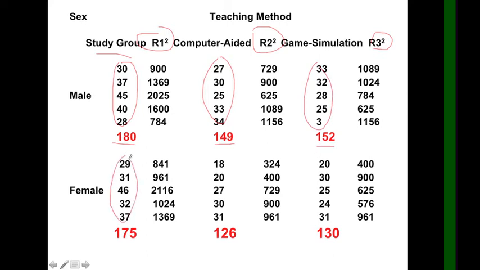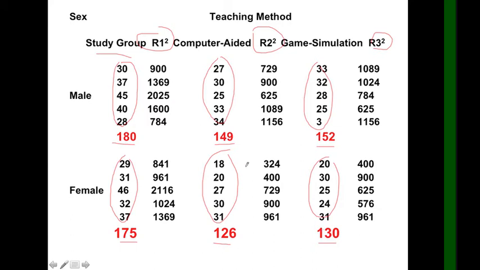So you need to add all of these. After that, you need to get the total: 180 plus 149 plus 152. Please write it in your notebook. 175 plus 126 plus 130. Please write it and answer it in your notebook, because after this we will do the computation for the next step.